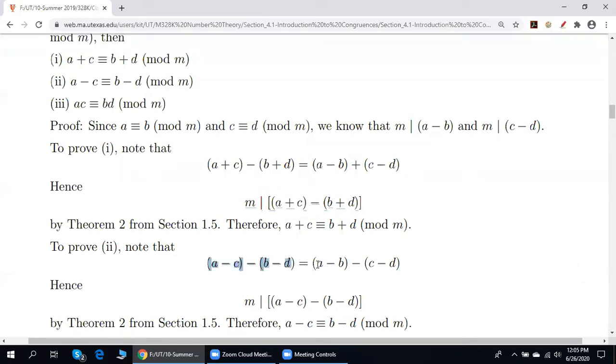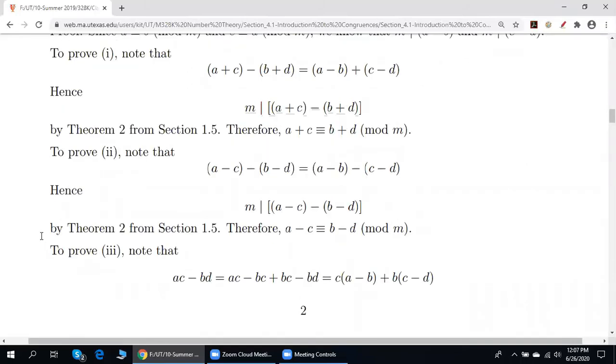This is equal to A minus B minus C minus D. And now again, since M divides both, M divides the whole right-hand side. But right-hand side is equal to left-hand side. So M divides left-hand side means this. Okay, it's a little bit harder to prove this.